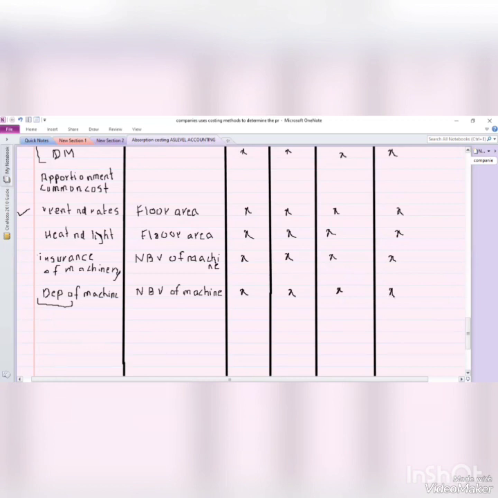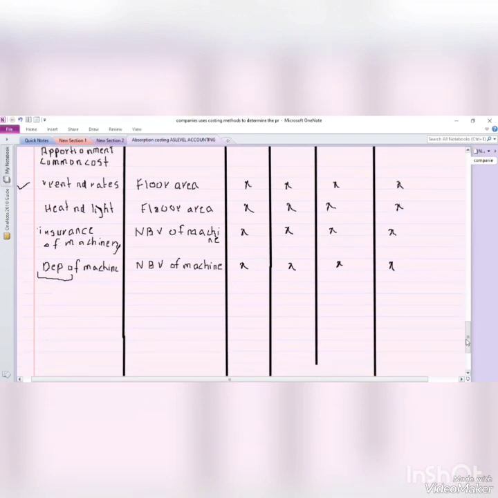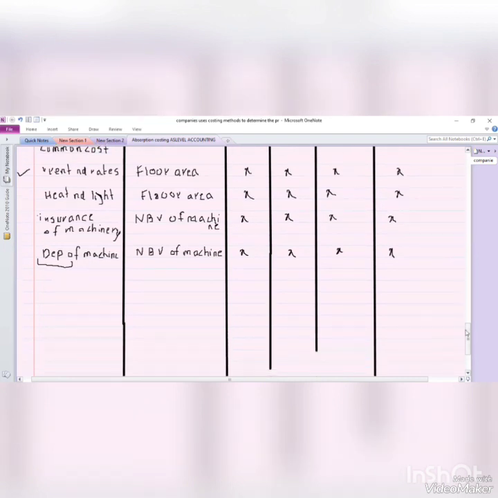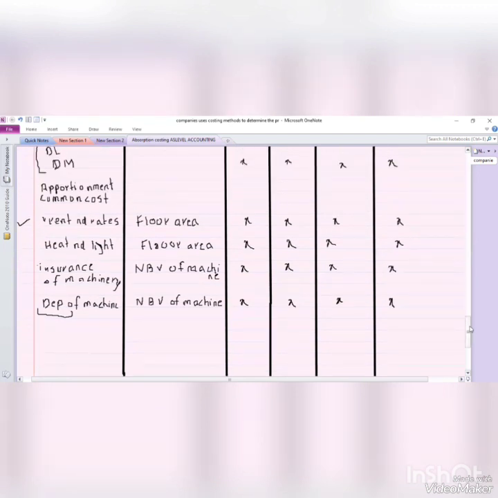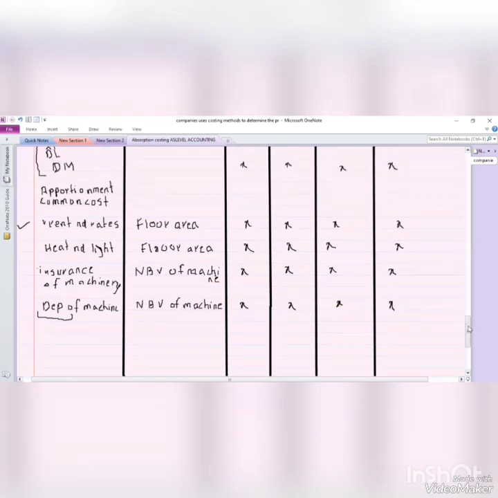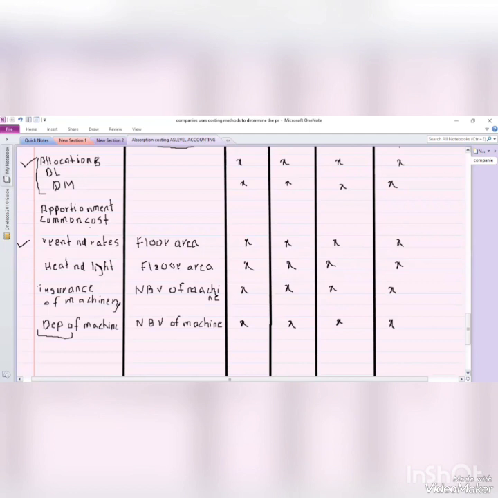This is how we distribute all fixed overheads to the different departments, and this is the meaning of apportionment. In apportionment, we have some common costs, and we are dividing those common costs among the different departments on a fair basis.